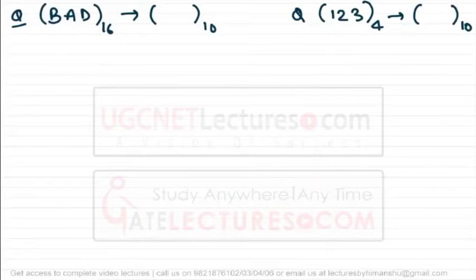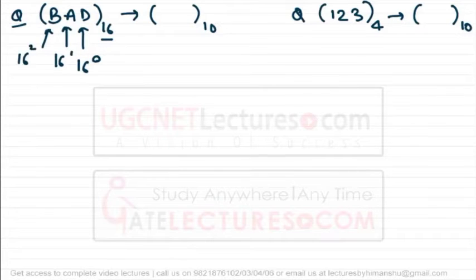Now let us quickly look at some other bases. This is a number of base 16 and you have to convert it into a decimal number. The procedure remains the same. What is going to be the weight of this bit? It is 16 to the power 0, which is 1. The next bit has weight 16 power 1. This bit has weight 16 power 2, which is 256.